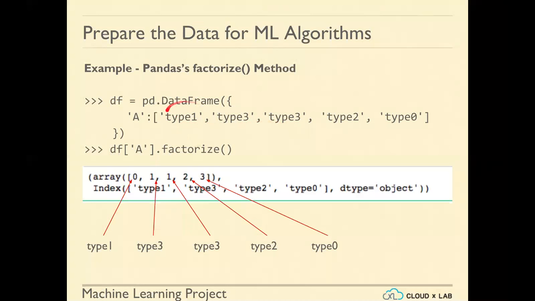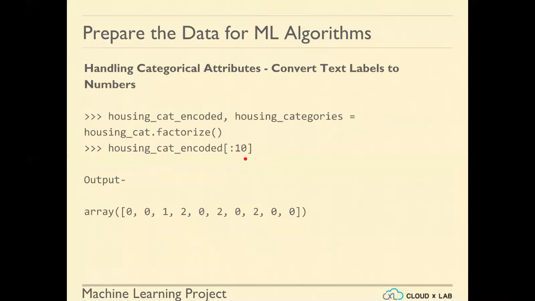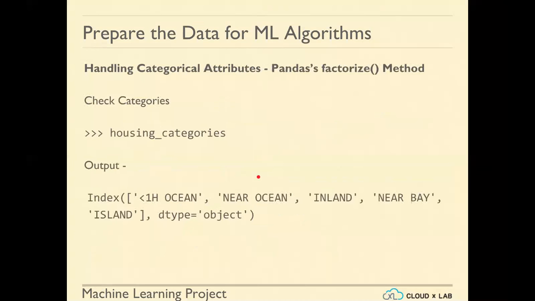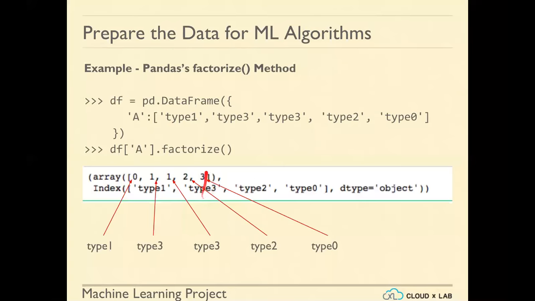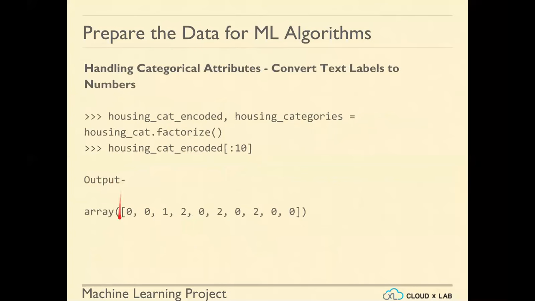It starts from the left and gives the first value 0, the next 1, again 1 because it's the same value as the previous, then 2, then 3. This is how it looks after factorization. It also provides the category order, so you get to know in what order we have the 0s and 1s.